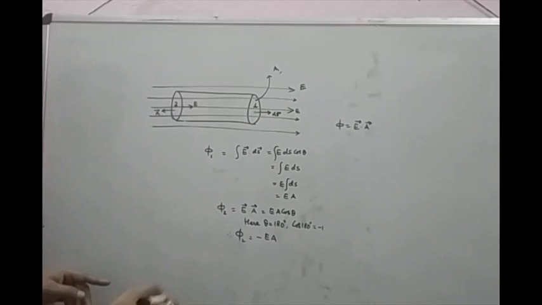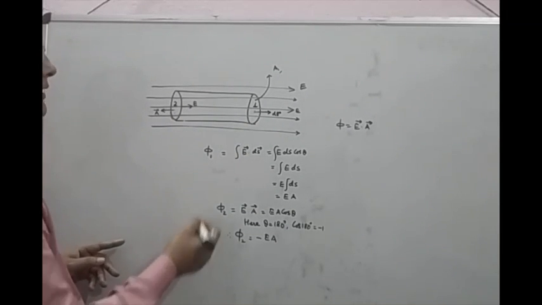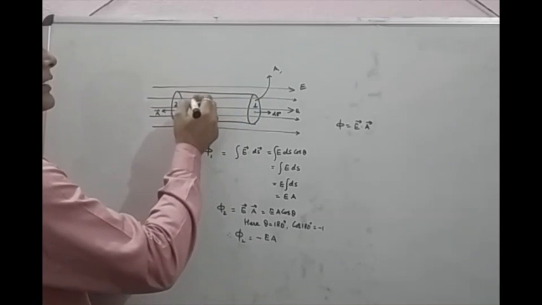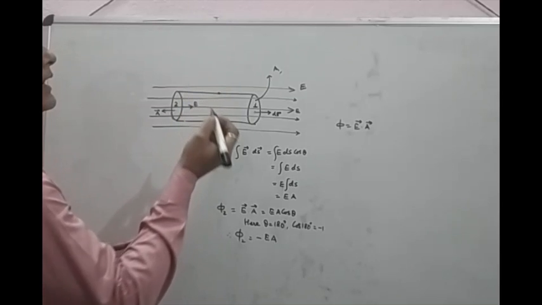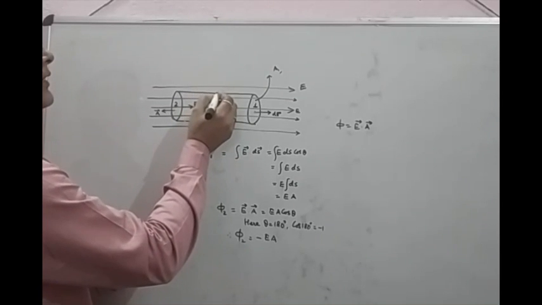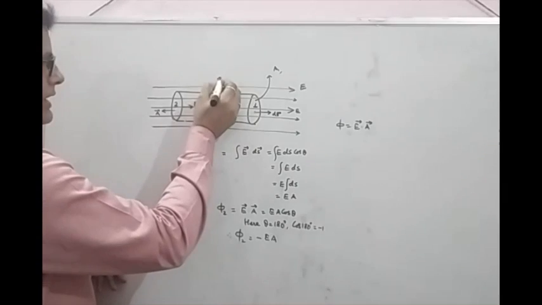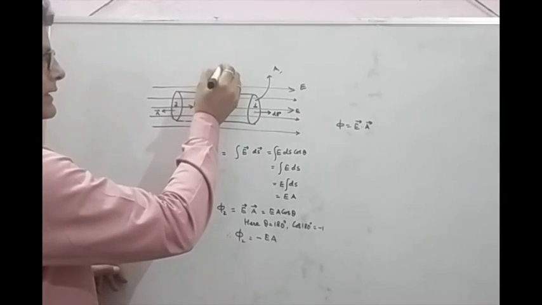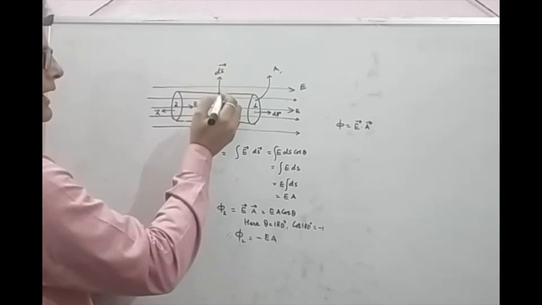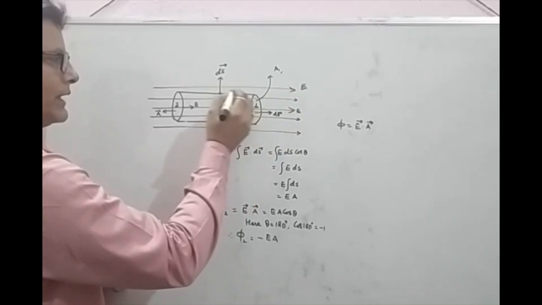Now the flux through the curved surface area. Here suppose a very small area element ds, direction of area element is always outward normal direction. This is the direction of area vector, and electric field lines is along this direction.